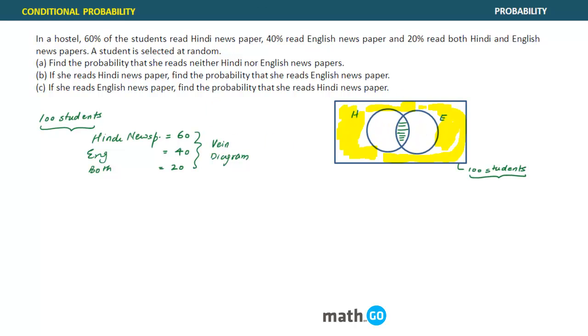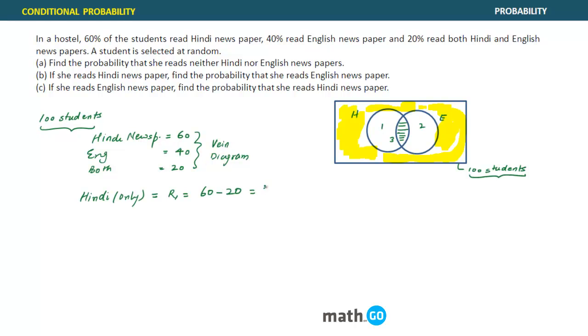So how you can find this is, you have 100 students. How many are there in Hindi? If I talk about only Hindi, so why am I doing this? Because this is one region, two regions, and this is my third region. One region, R1, is how many read Hindi only?